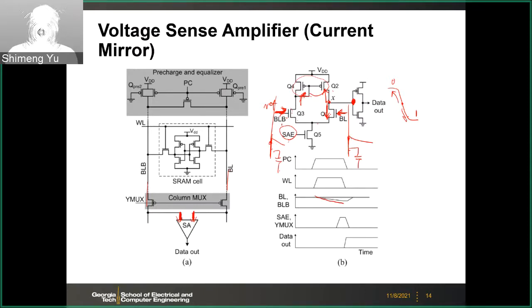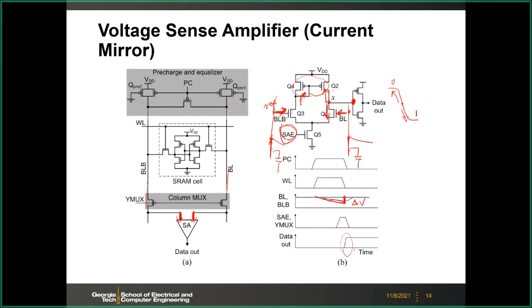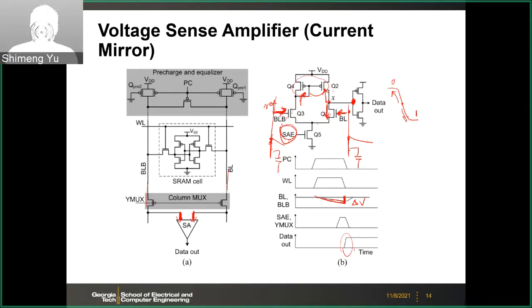So then you will create the voltage difference between the bitline and the bitline bar. So once you create large enough delta V, then you turn on this sense amp enable. After you turn on the sense amp enable, then this circuit will work, right? Depending on the input voltage difference, it will flip and the output will flip. So this is how you get the data out. So this is a very straightforward process. Any questions?